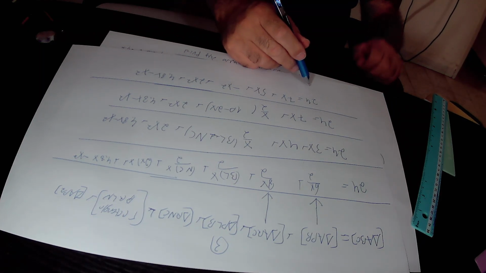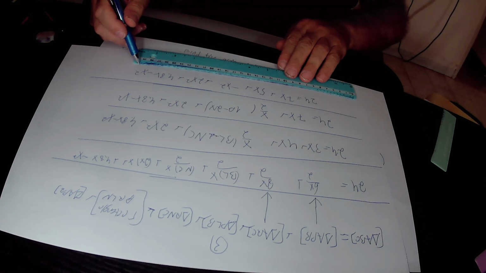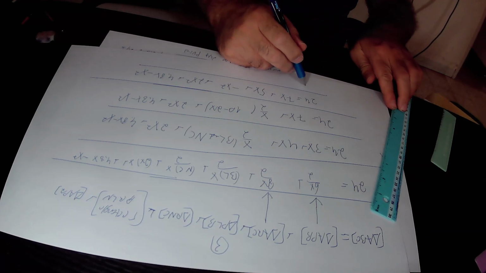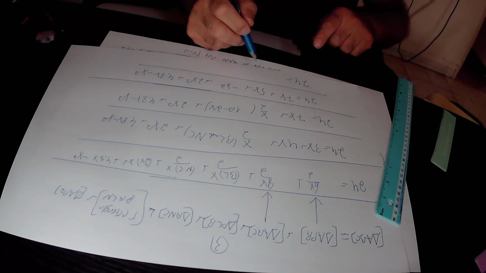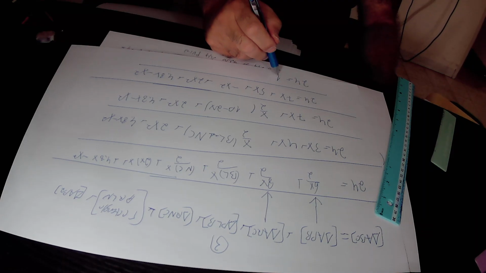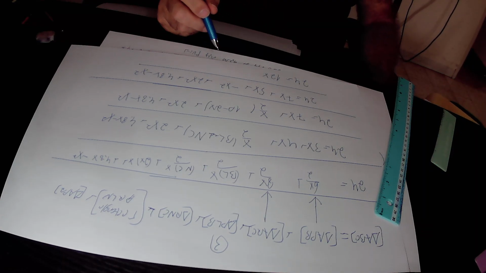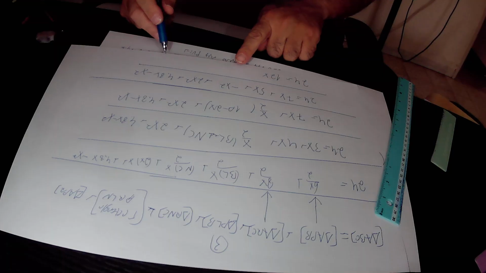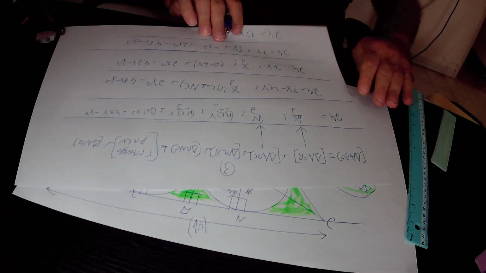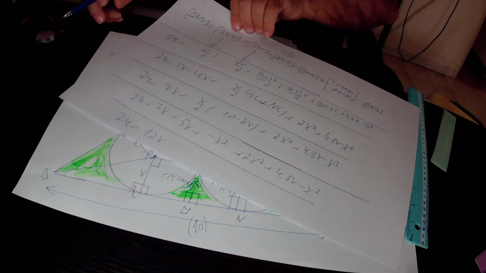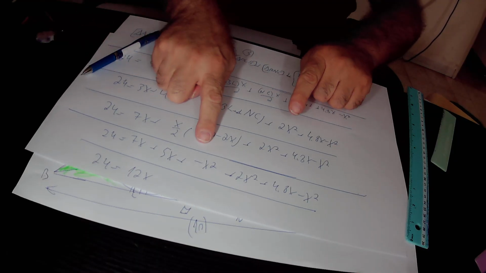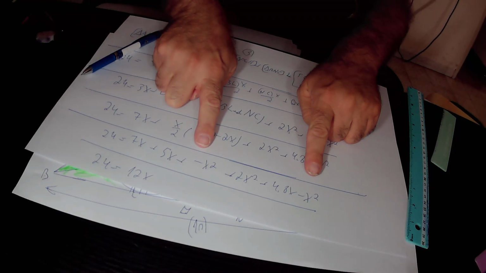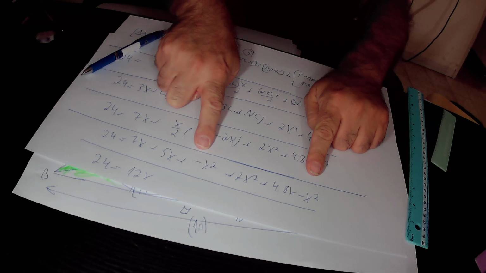So 24 equals 7x plus 5x, which is 12x. Here, minus x squared is minus 2x squared, and minus 2x squared plus 2x squared is 0.